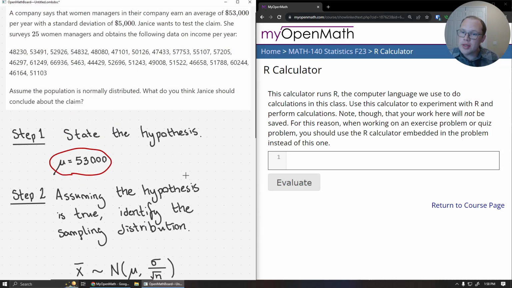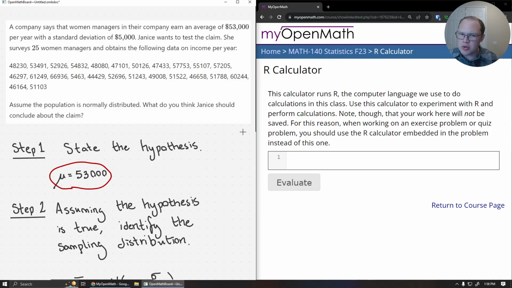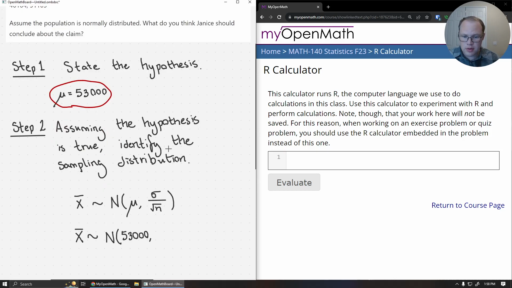And we are told what the population standard deviation is. If we weren't told, this would be a more difficult problem. We'd have to use the t-distribution instead, right? But we are told that the standard deviation of the population is $5,000. So assuming that's true, we'll have 5,000 over the square root of the sample size. We surveyed 25 women, so that's our sample size.